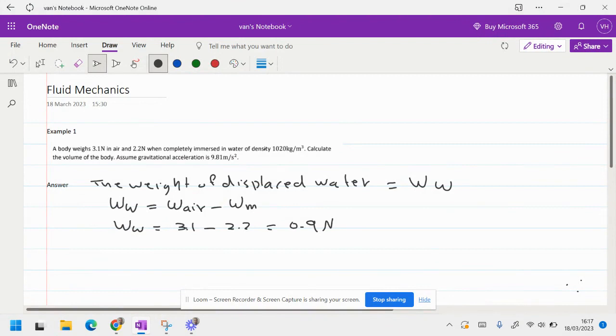Now we're going to rewrite the formula. The weight of displaced water, W_w, equals volume of the body multiplied by density multiplied by gravity.